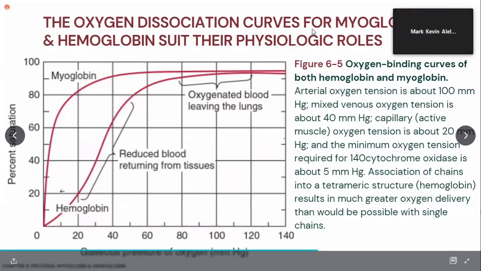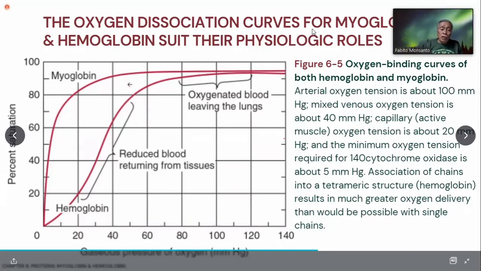This one, your hemoglobin, as you can look at it, at 10 partial pressure of oxygen, it's only up to here, while your myoglobin is already at 70%. The hemoglobin is not even at 10% saturation. Now this is because your myoglobin is only one subunit, only one polypeptide chain.